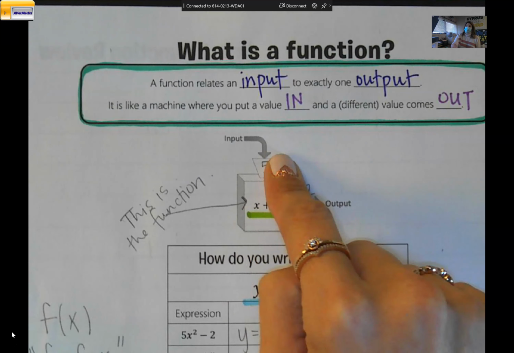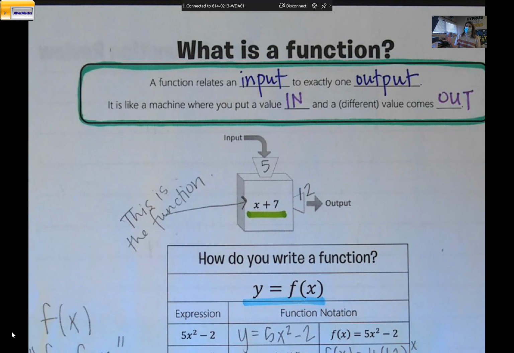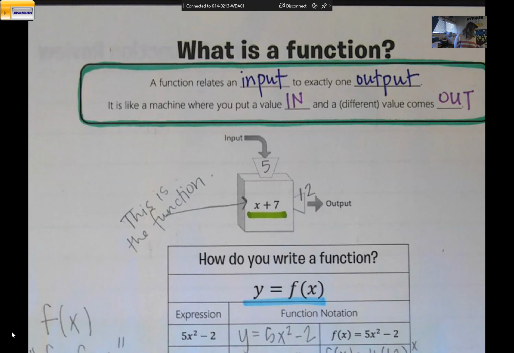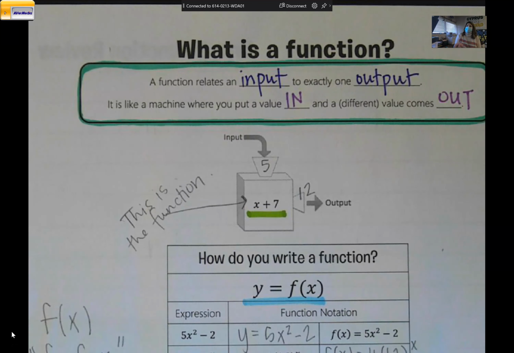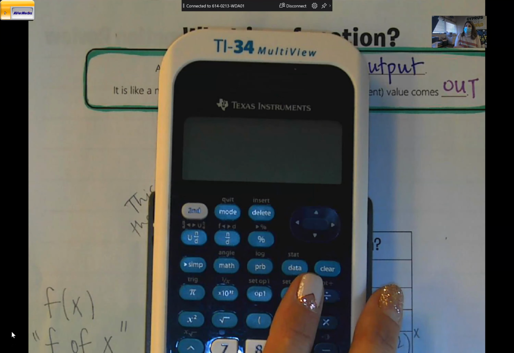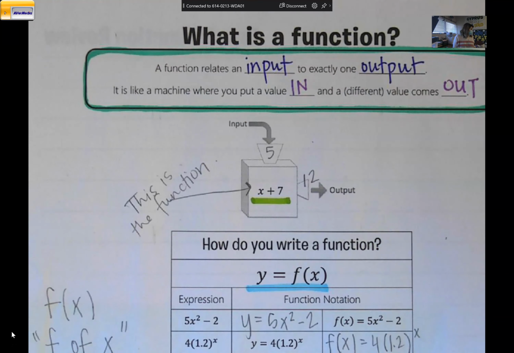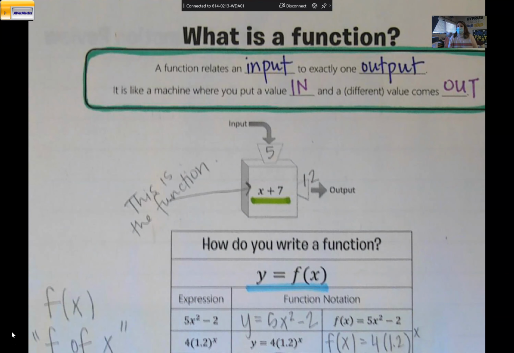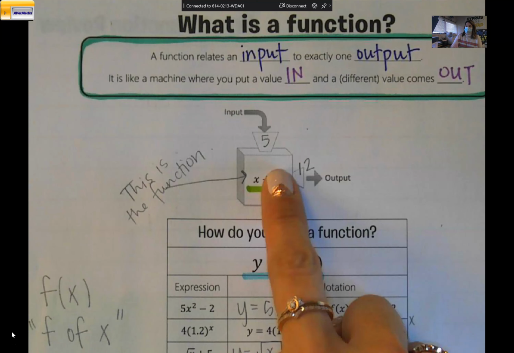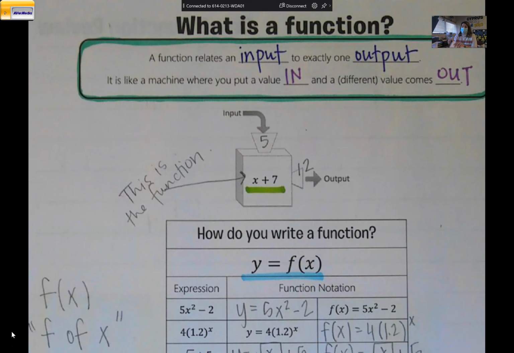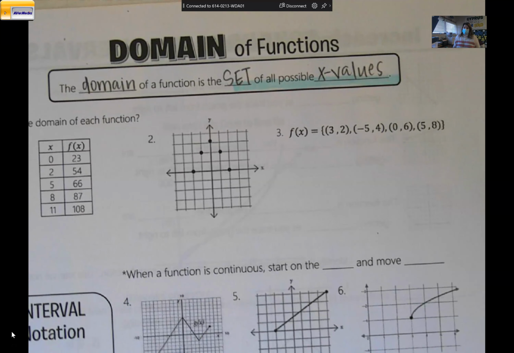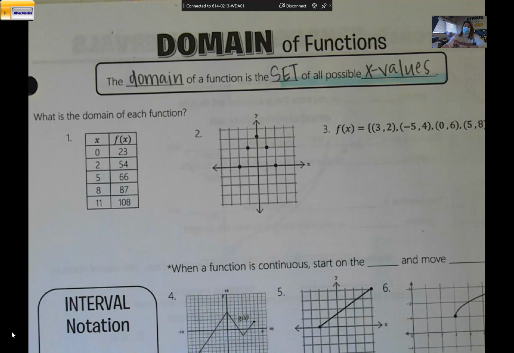You'll try to plug in a number and, at least on these littler calculators, it'll tell you that you have an error. So some numbers you won't be able to plug into a function because it'll give you an error. What we're going to focus on, though, is the things that we can plug into the function. So we're going to identify all the things we can plug in.